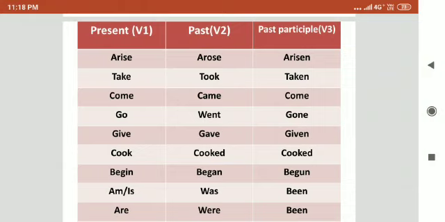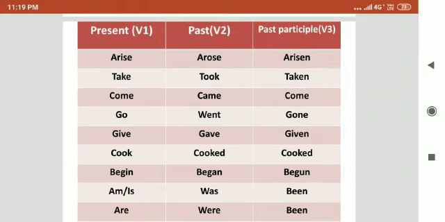And the next one, the second form, is used in past tense. You can already see it's written past there, or we can also call it V2. And the third form is used in past participle. Okay, past participle means something which is happening right now. Present means we're talking about the present. Past means we're talking about the past.